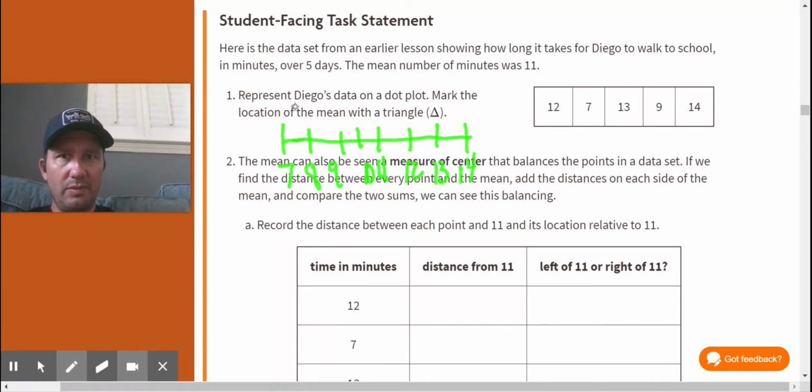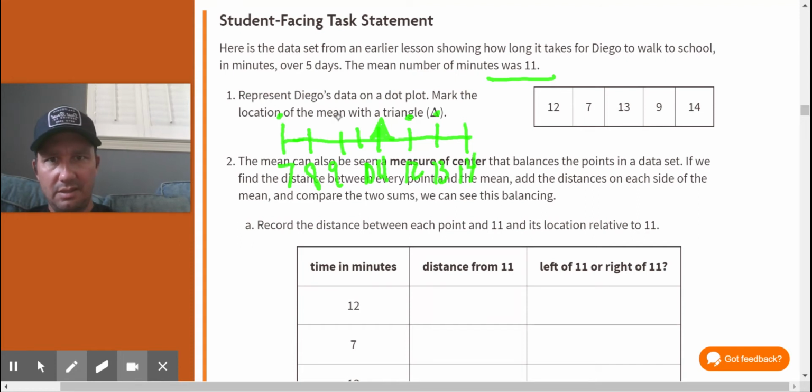So right here, they're asking you to put a triangle where the mean is. The mean again was 11. So at the 11, there would be a triangle. And then putting a dot on all of these: 12, 7, 13, 9, and 14.